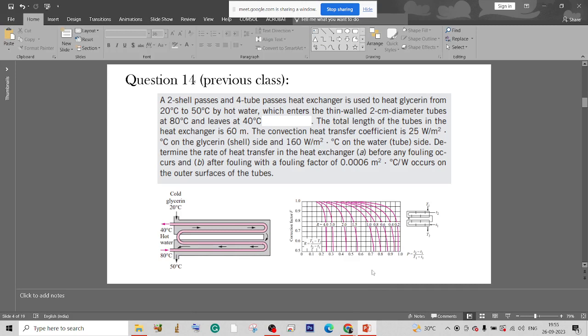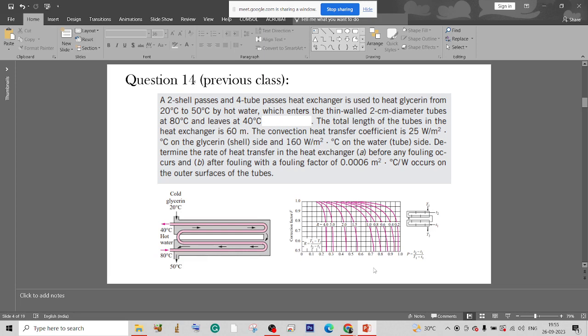A 2 shell pass and 4 tube pass heat exchanger is used to heat glycerin from 20 degrees Celsius to 50 degrees Celsius by hot water, which enters thin wall 2 centimeter diameter tubes at 80 degrees Celsius and leaves at 40 degrees Celsius. The total length of the tubes in the heat exchanger is 60 meter.